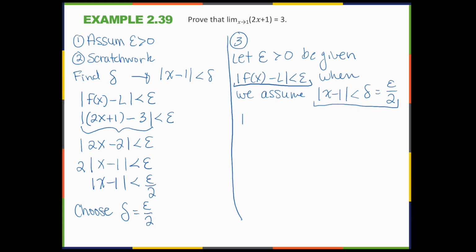All right, so we have f(x), which is 2x + 1. If I subtract L, we said that was 3. And now, just like I did before, because we did the scratch work to set this up, I combined the 1 and the minus 3, so I got |2x - 2|. And then I said I can pull out the 2.